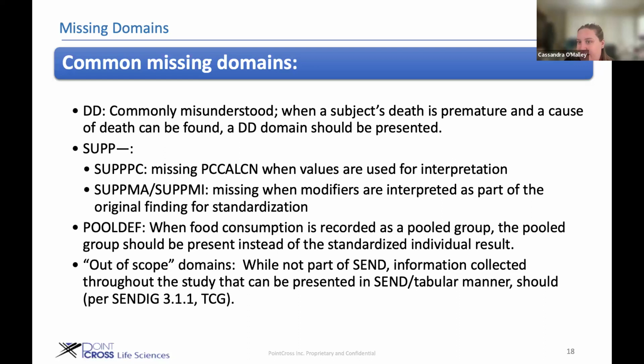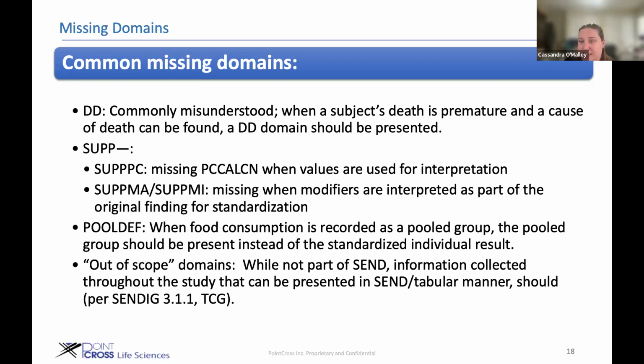And then one of the biggest, newest issues coming out of here is that out of scope domains are not present, whereas some domains are not yet totally standardized. They may be coming out in the SENDIG 4.0. They're not part of SEND, but information that is collected and part of the study necessary for evaluation should be presented in a SEND or tabular manner.